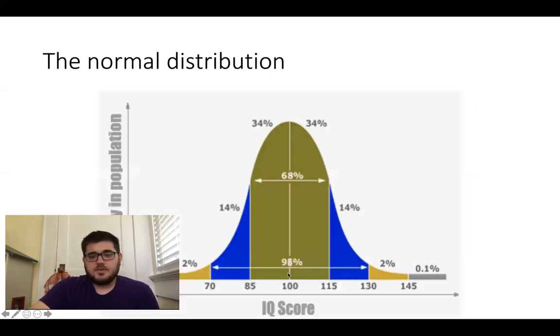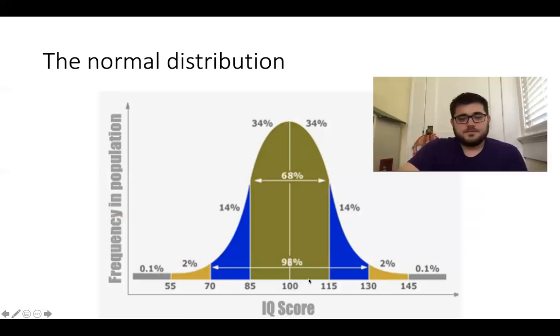So that will put you about right here. That means about 70% of the distribution is underneath that Z-score. So imagine if I cut the normal distribution right here, that means that the top 30% are above and the bottom 70% are below.